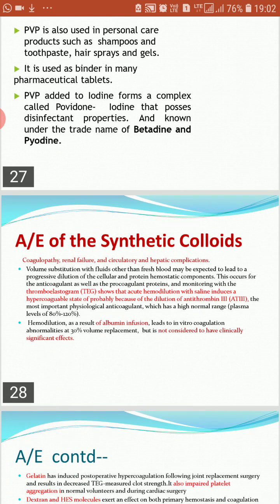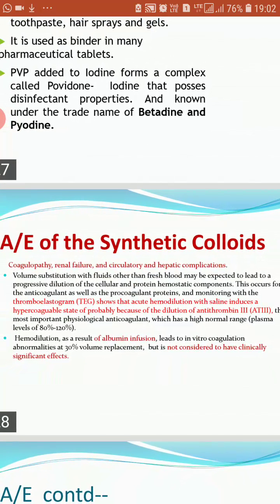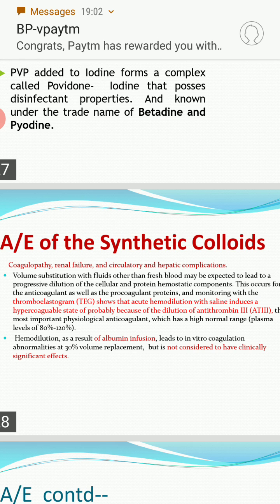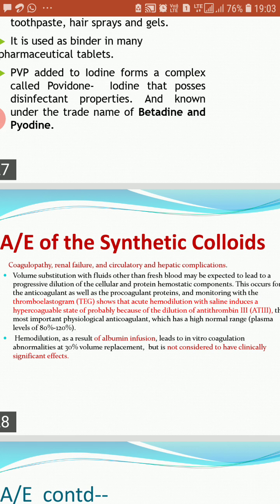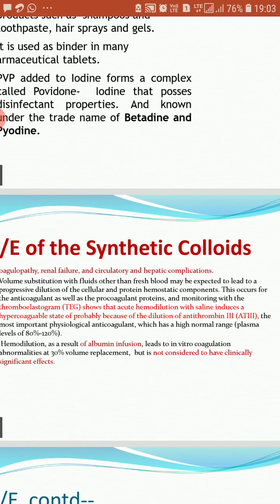Now the adverse effects of synthetic colloids. Natural was albumin, and the rest of them were synthetic, synthesized from beetroot, bacterium, and the like. The complications are coagulopathy, renal failure, circulatory and hepatic complications. Volume substitution with fluids other than fresh blood may be expected to lead to a progressive dilution of cellular and protein hemostatic components.